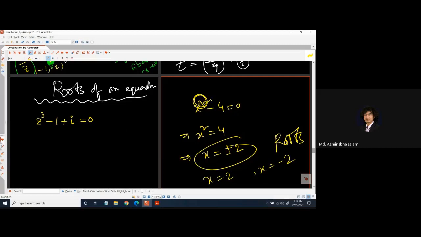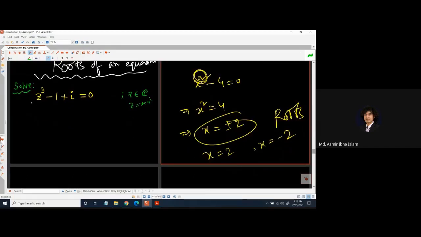The same thing holds for the complex number system. Here we have z cubed. How many solutions will we have here? 3. So you are asked to solve this equation, and this equation involves complex numbers, that is, z belongs to the complex number system, z equal to x plus yi, don't forget.